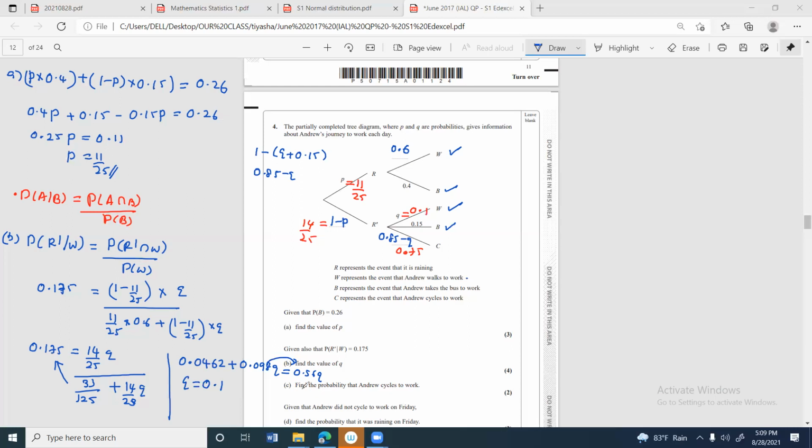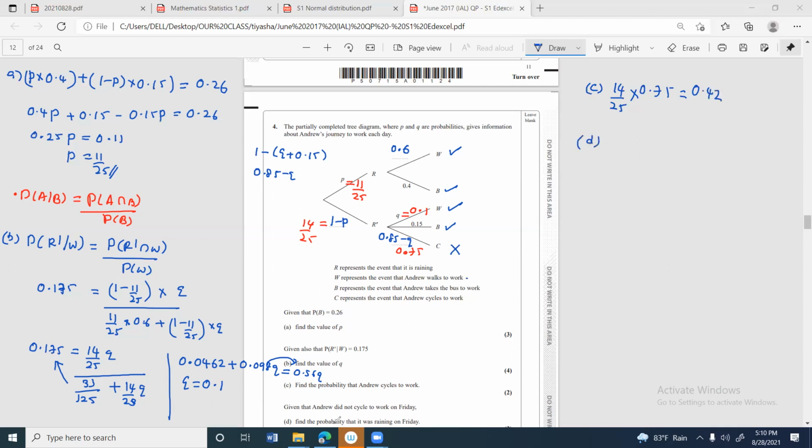That is part C: 14 over 25 into cycles to work, which is this bit, 0.75. 14 over 25 into 0.75 is 0.42.